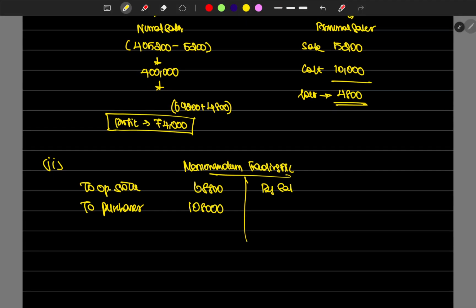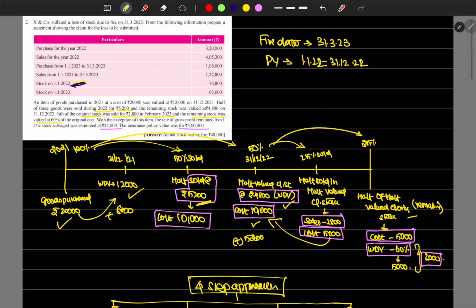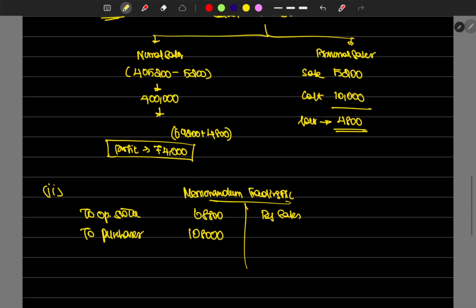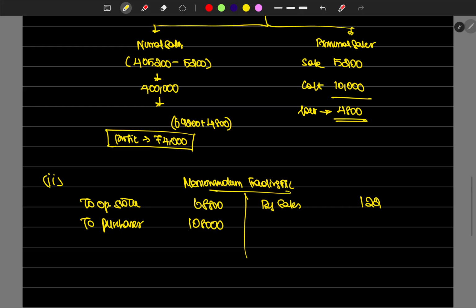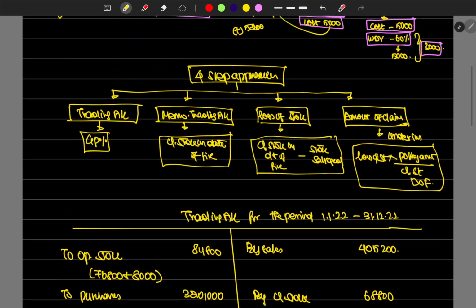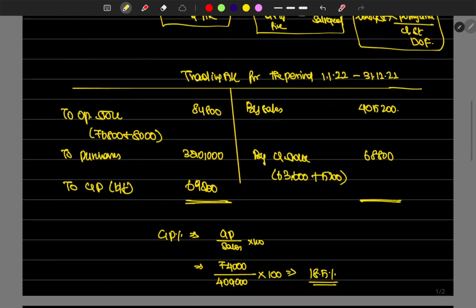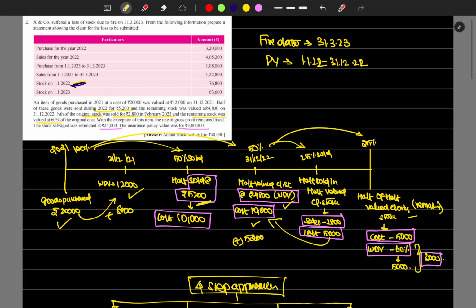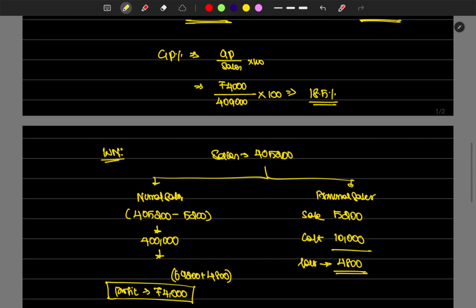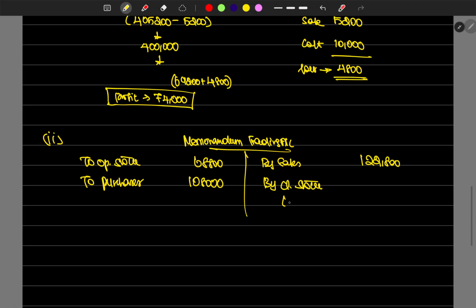How much was the sales before fire, which is 1,22,800. By closing stock, which is, so that we have to find out. This is the closing stock on date of fire.